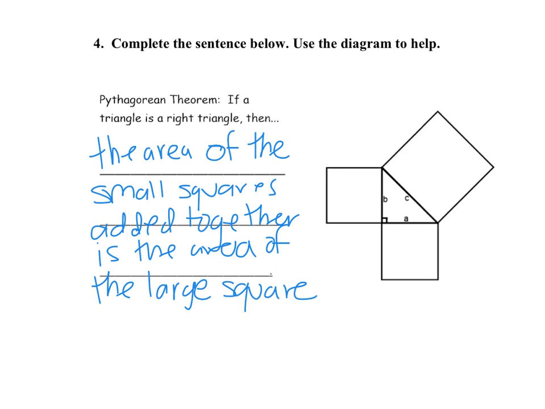The area of the small squares added together is the area of the large square.